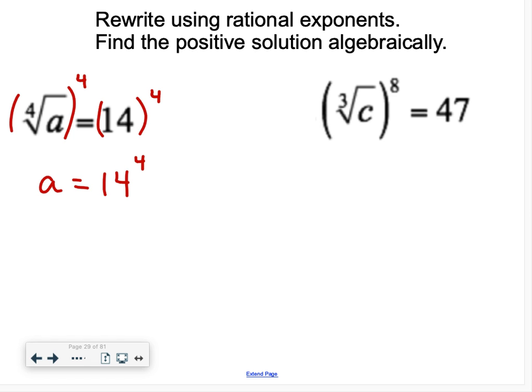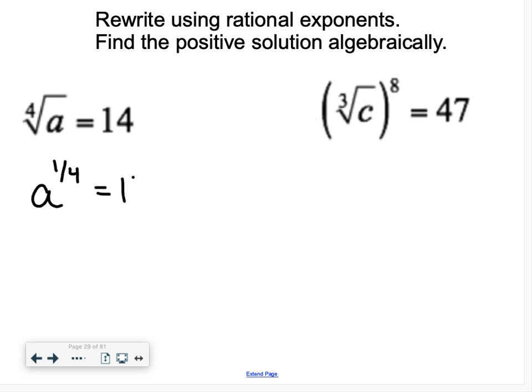I'm just going to leave that as 14 to the 4th, but you could use your calculator if you want that expanded number. Okay, your other option, if I go back to the original question, actually I'll just erase this. If I go back to the original, I could rewrite this as a to the 1/4, and this will take us back to yesterday's lesson, right?